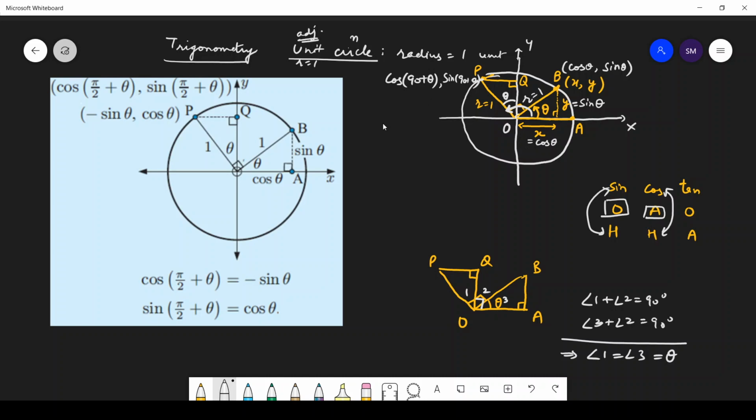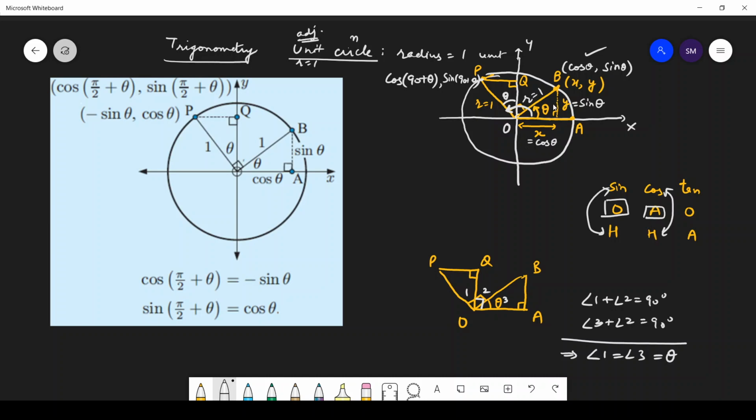So these are my coordinates according to this system, that any point on the circle can be written as cos of the angle and sine of the angle. So here the angle is 90 plus theta, that is why cos 90 plus theta, sine 90 plus theta. So now this theta has become 90 plus theta.